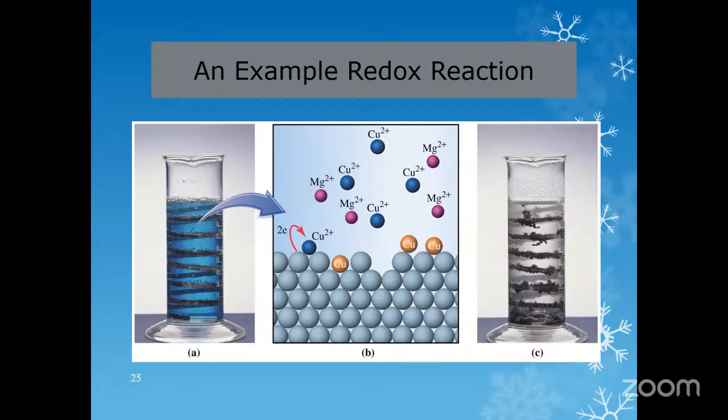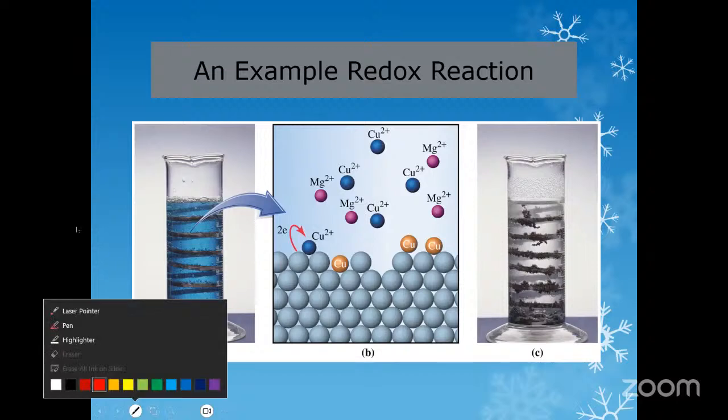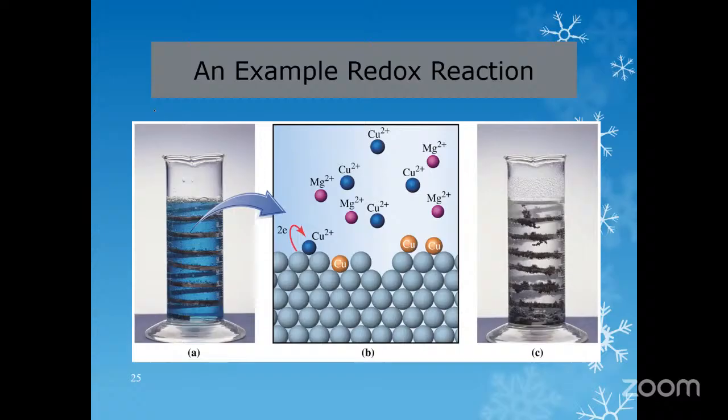Okay, so the reaction is magnesium solid plus copper 2 sulfate aqueous to give magnesium sulfate aqueous and copper solid, right?